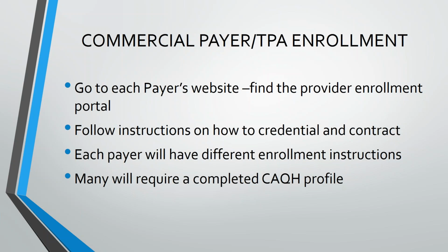So if you're going to enroll in, let's say, Blue Cross Blue Shield, Aetna, Cigna, United Healthcare, and Presbyterian or Kaiser, then you'll want to Google each of those, find the provider portals, and look for any and all information you can get on the provider enrollment process.